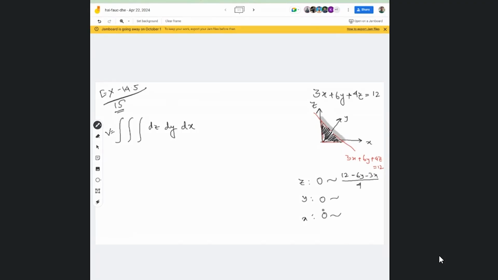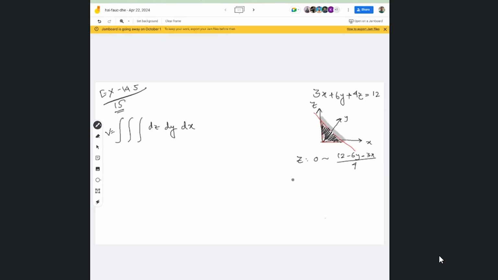To find the limits for y, we set z equal to 0, then we have 3x plus 6y equals 12. So z will be changing from 0 to 12 minus 6y minus 3x over 4.